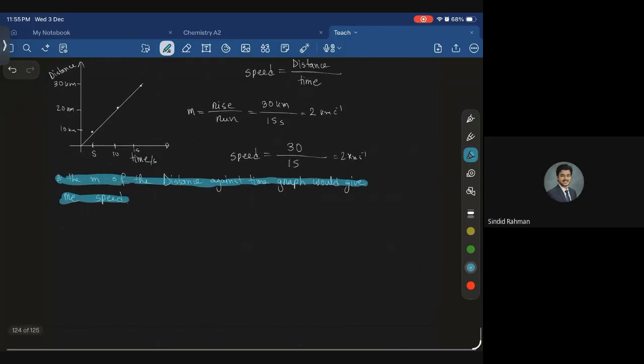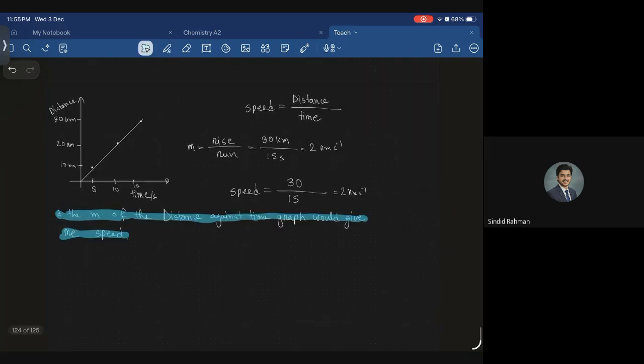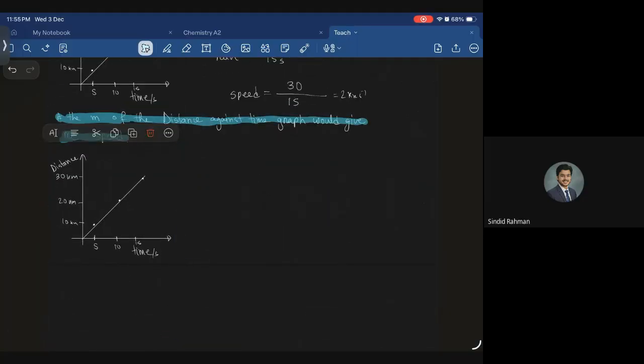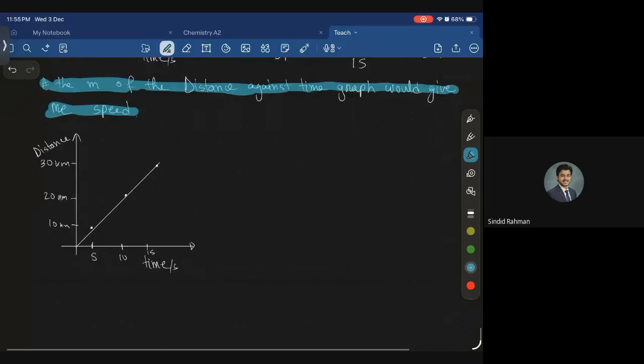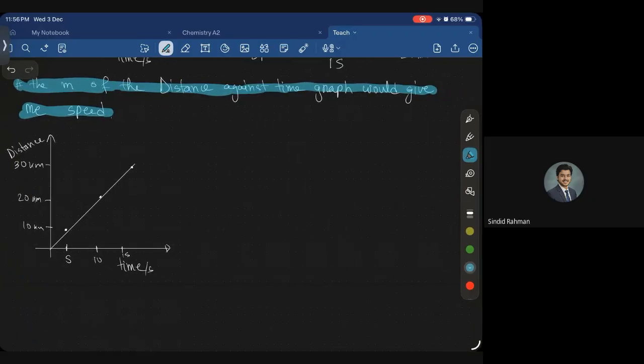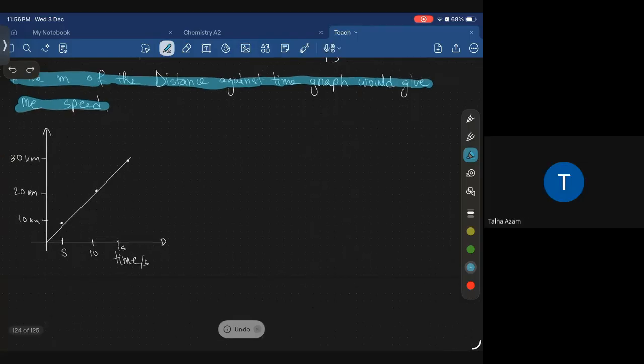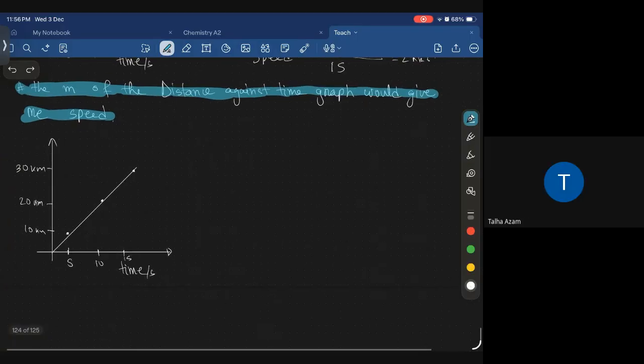Now let's say, let me change the quantities, and let's not write distance, let's write displacement. We know what displacement is now, right? Yeah, that's right.